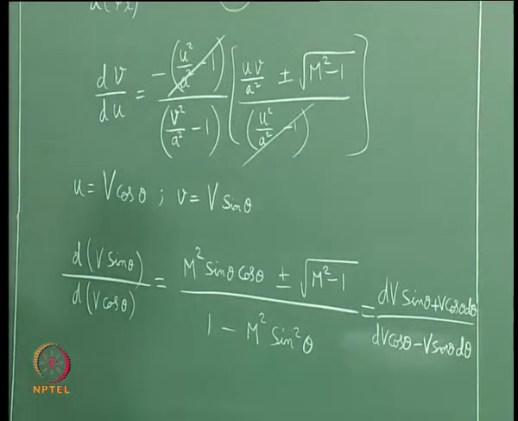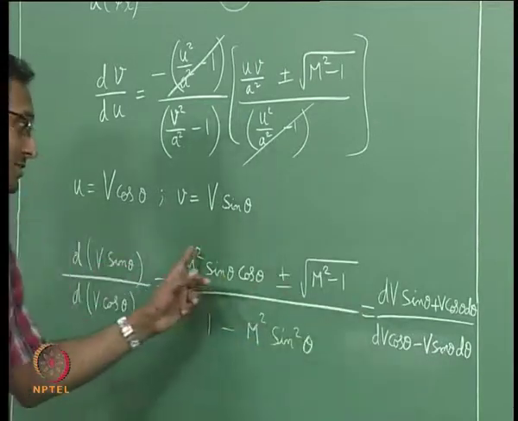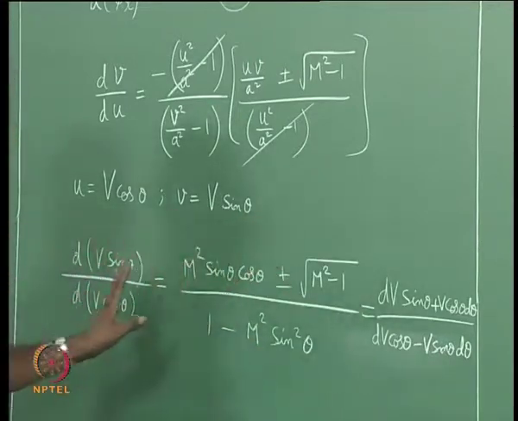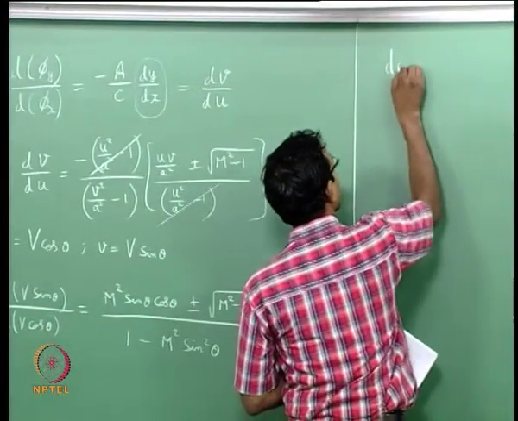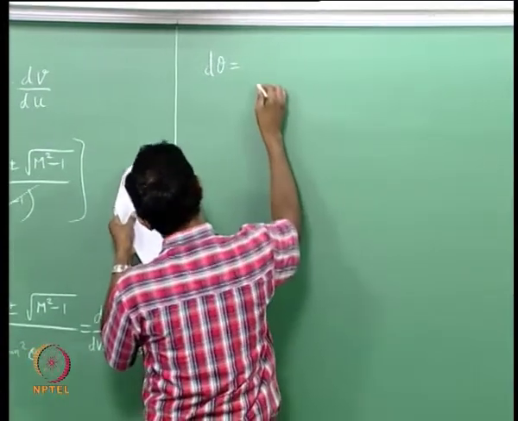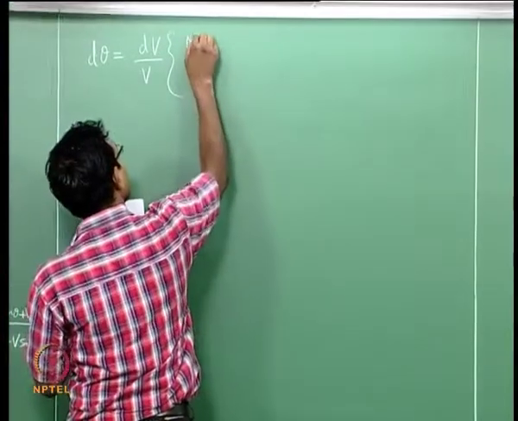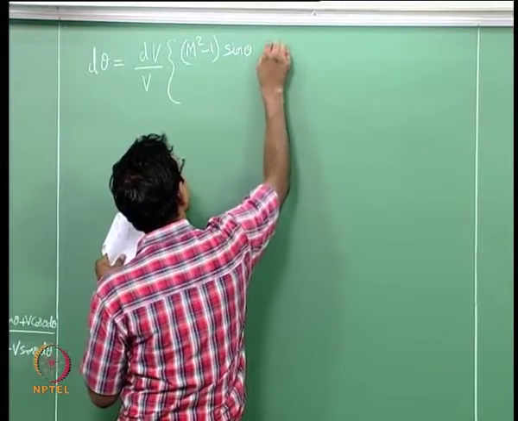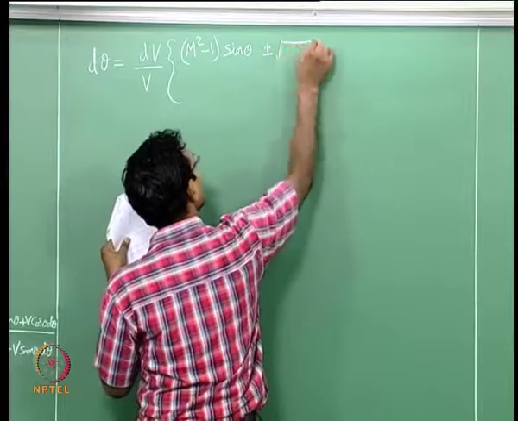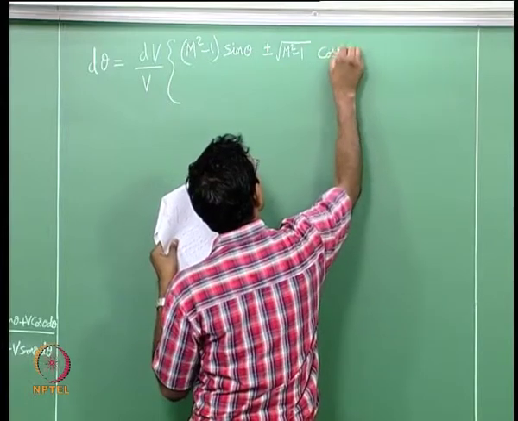Okay. Now I will cross multiply this denominator with that and this denominator with this numerator, and then rearrange terms such that all dV terms are on one side and all d theta terms are on the other side. If we rewrite it that way, I will finally end up with d theta equal to dV by V times M square minus 1 sin theta plus minus M square root of M square minus 1 multiplied by cos theta.